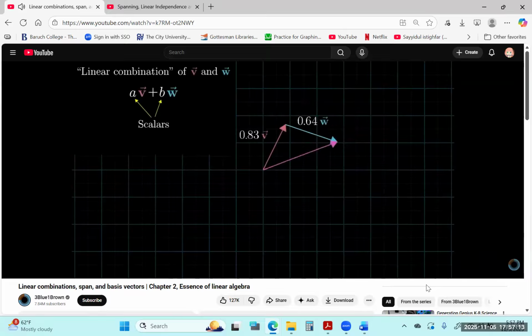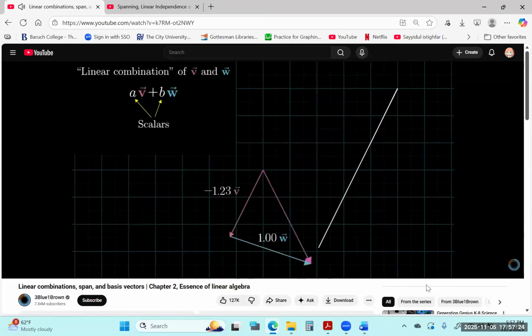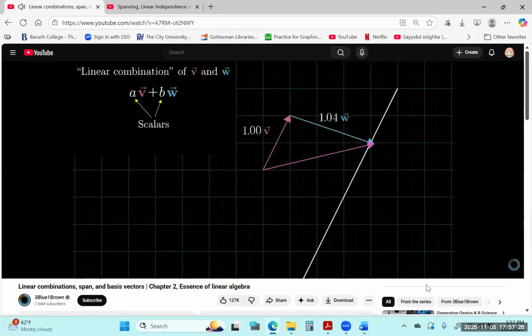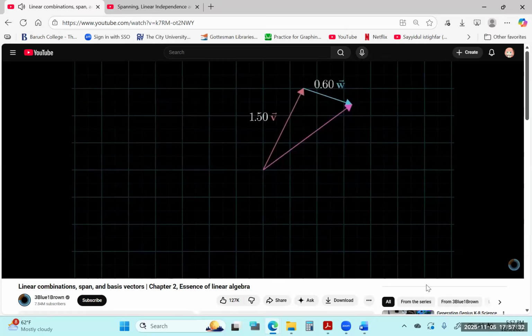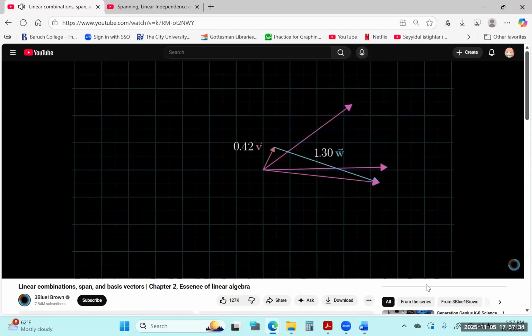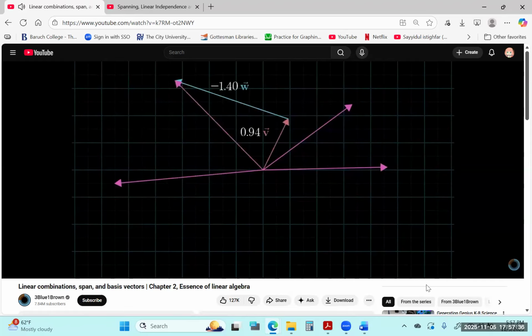Where does this word linear come from? Why does this have anything to do with lines? Well, this isn't the etymology, but one way I like to think about it is that if you fix one of those scalars and let the other one change its value freely, the tip of the resulting vector draws a straight line. Now, if you let both scalars range freely and consider every possible vector that you can get, there are two things that can happen.